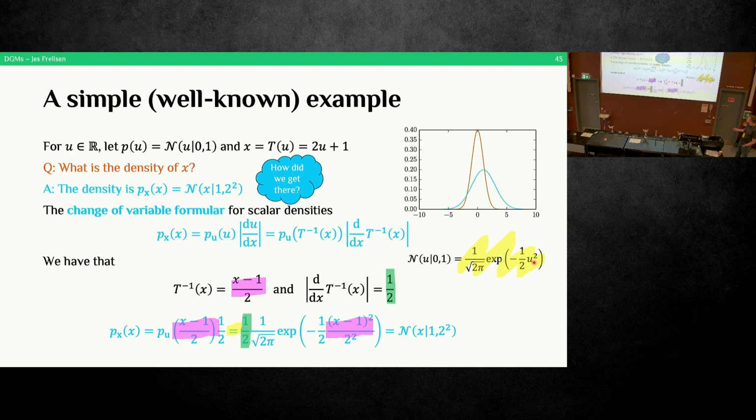So I replace the u here with this expression, and then I multiply by half, and you see that this is exactly a Gaussian with mean 1, the mean up here, standard deviation 2, and this half here is exactly fixing the normalization constant. So you can view this absolute value of du dx as the quantity that makes sure that we get the right normalization constant.